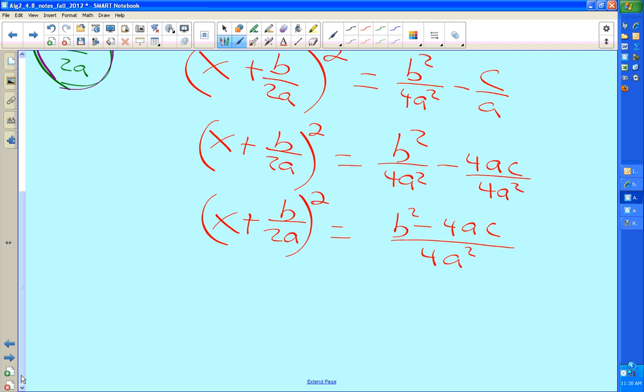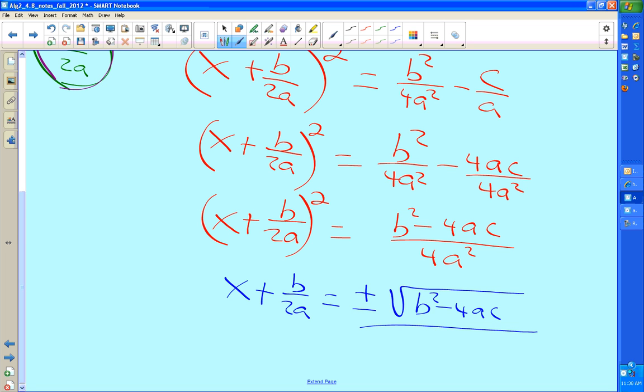We're trying to solve for x here on the left-hand side, so we have to get rid of the squared, so we're going to square root both sides. On the right-hand side, when you square root, you get plus or minus. The square root of the top is going to be b squared minus 4ac under the radical, over, when you square root the bottom, 4a squared, you're going to get 2a.